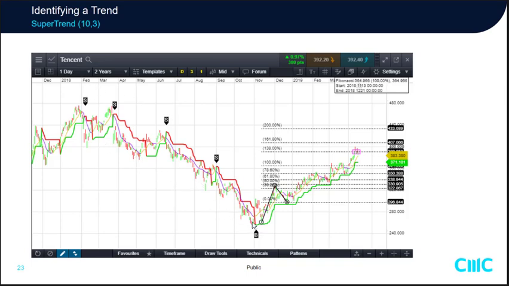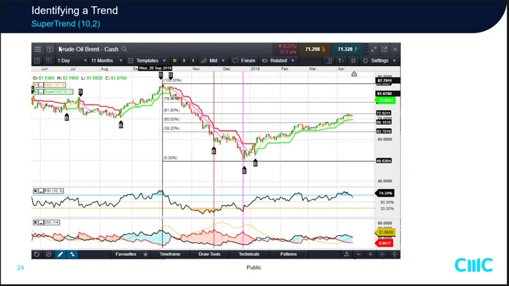So this is a typical downward trend. When SuperTrend finally flips into green and stays green, it shows that the trend is reversing, and now we are having consecutive higher highs and higher lows. The trend is turning. So this is how we use SuperTrend in identifying reversals.